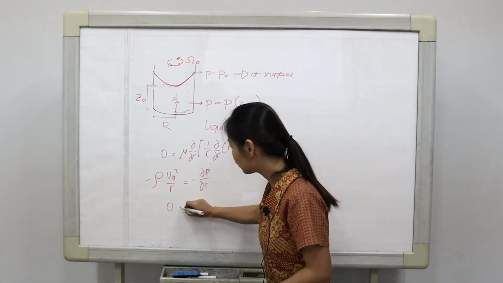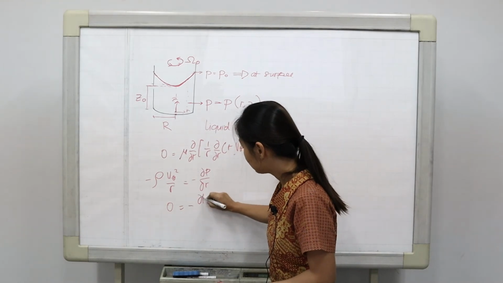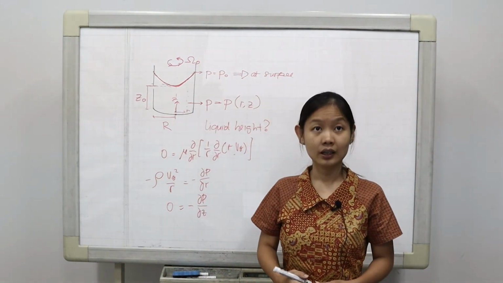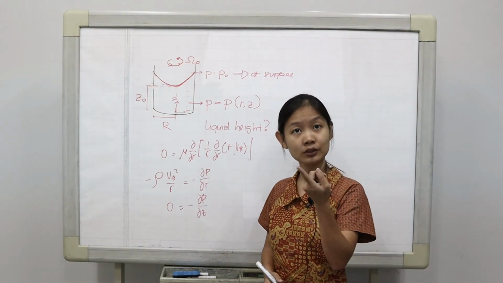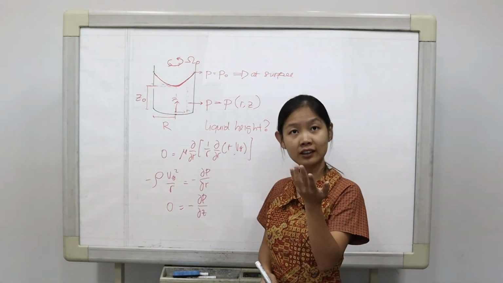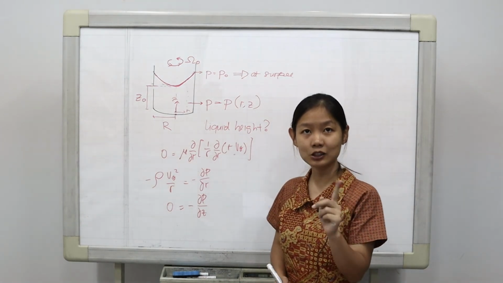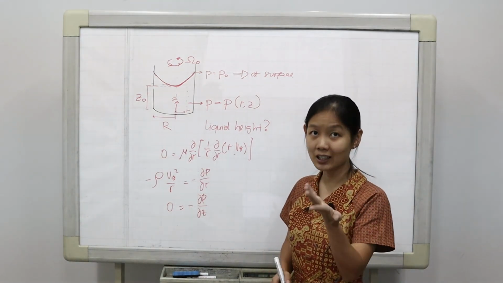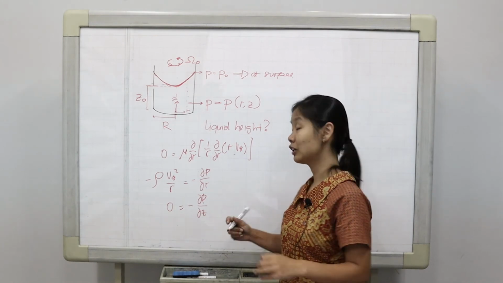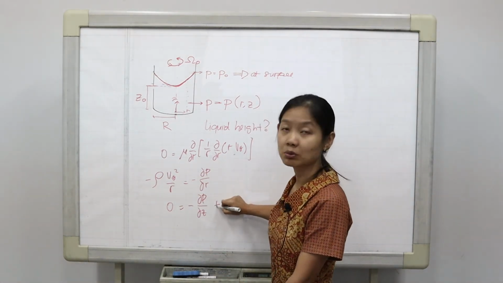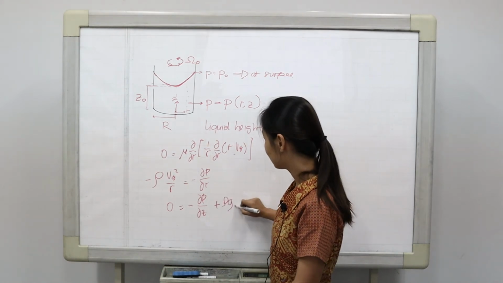Yes, we do have that. Then everything with mu, we don't have, because that's related to phi z. And the last one, we have rho gz, yes, because we have gravitational force in the z direction. That's positive rho gz.